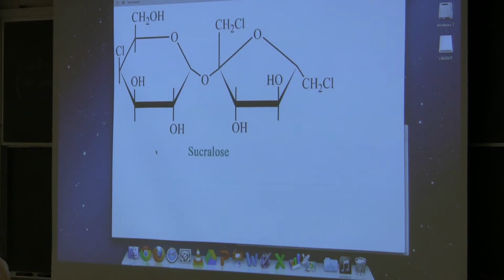But I will tell you a little bit about how sucralose was made originally. Maybe some of you have heard this story. The people who first synthesized sucralose were not trying to make an artificial sweetener. They were trying to make an insecticide. Okay? They were trying to make an insecticide because these carbon-chlorine bonds are not something that we typically see in biology.